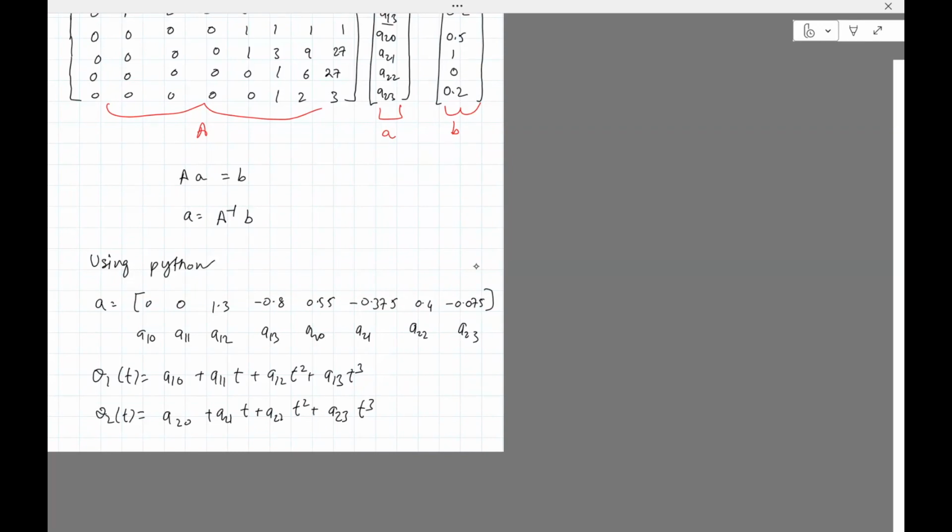It doesn't require NumPy for that. Then A10, A20, all that is basically the various values of x. Here, x is a in my notes. Instead of writing theta, I wrote q, but that's the third order polynomial for q1, q2. I compute the velocity by taking the derivative of the position, which is done by hand, of course. And then q1 double dot is basically the second derivative of q.